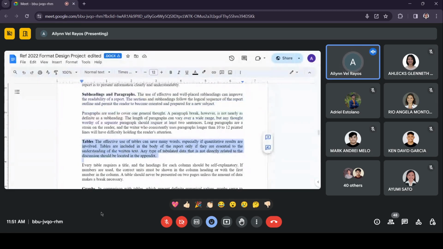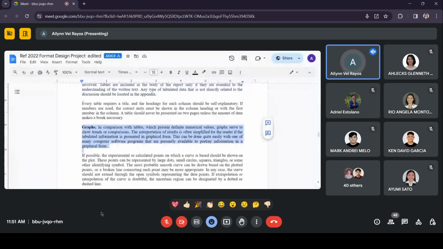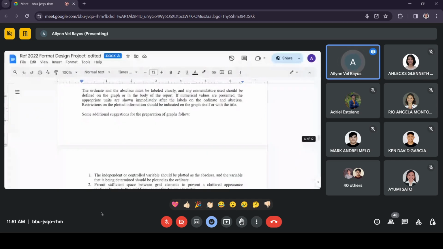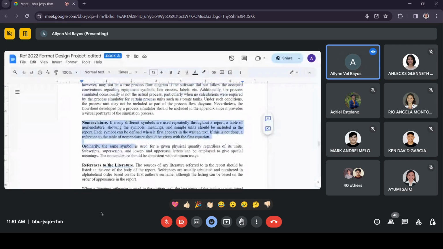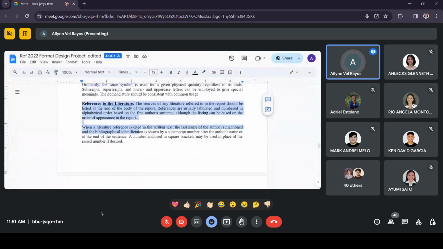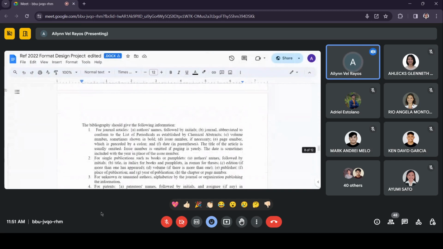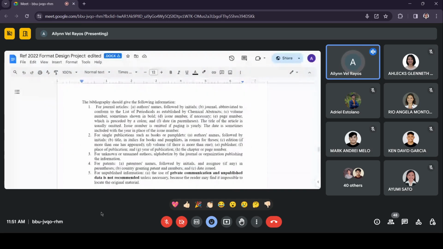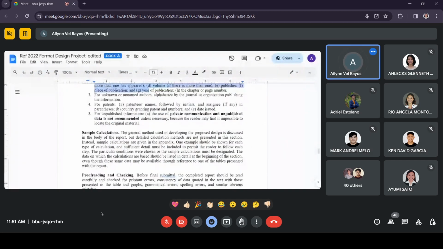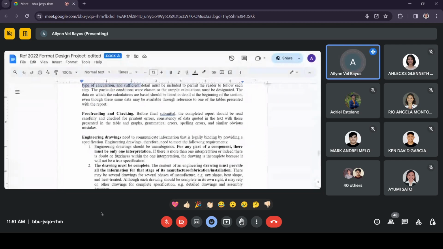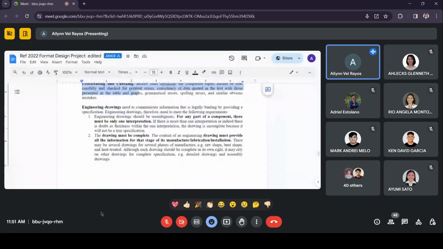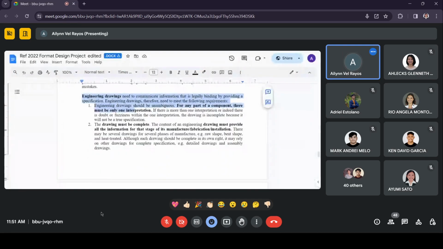We also have formats for the table and the graph. And then, pag may illustration, for nomenclature, references to the literature, and adding bibliography. We also have here the format for providing sample calculations. And then proofreading and checking. And there is the engineering drawing.